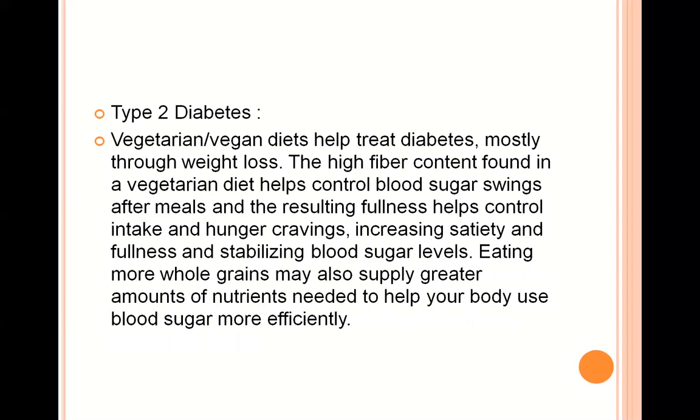The high fiber content of the vegetarian diet helps control blood sugar swings after meals, and the resulting fullness helps control intake and hunger, cravings, increasing satiety and stabilizing blood sugar level, etc. Eating more whole grains may also supply greater amounts of nutrients needed to help your body use blood sugar more efficiently.